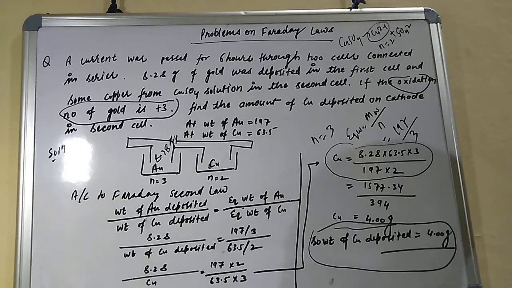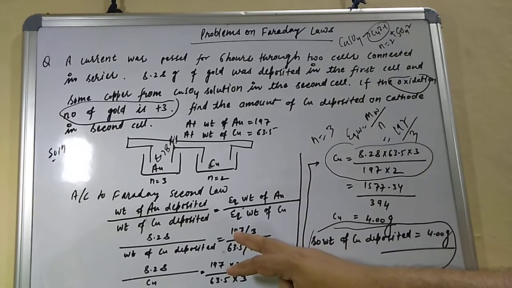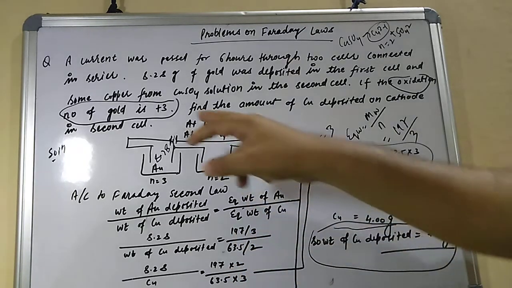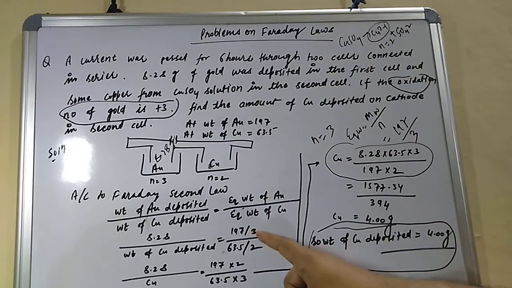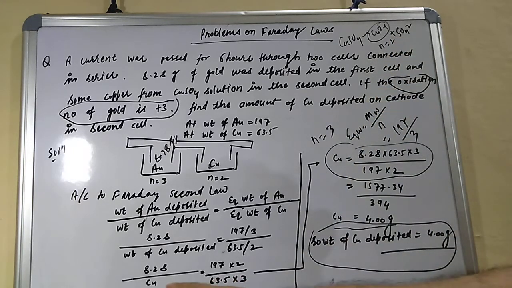N factor is nothing but the valency factor or the oxidation state. Here the molecular weight is 197 and the n factor, oxidation state, is plus 3. So 197 upon 3 and 63.5 upon 2. For copper sulfate, the n factor for copper is 2. After putting the values in Faraday's second law, you get 4 gram of copper.